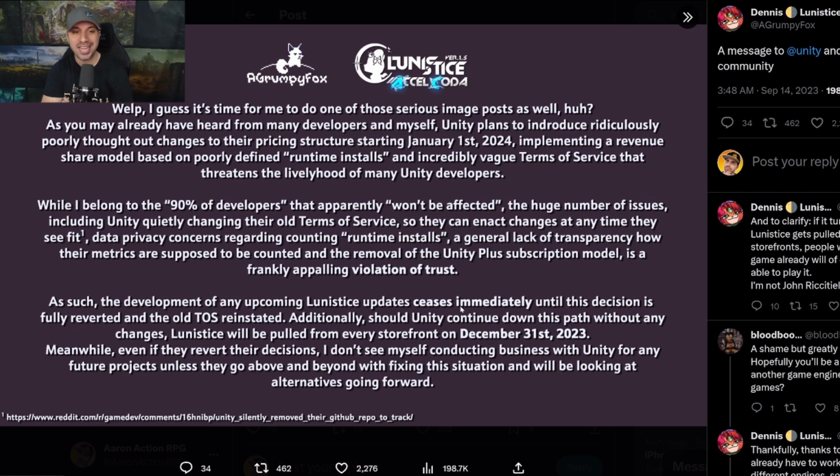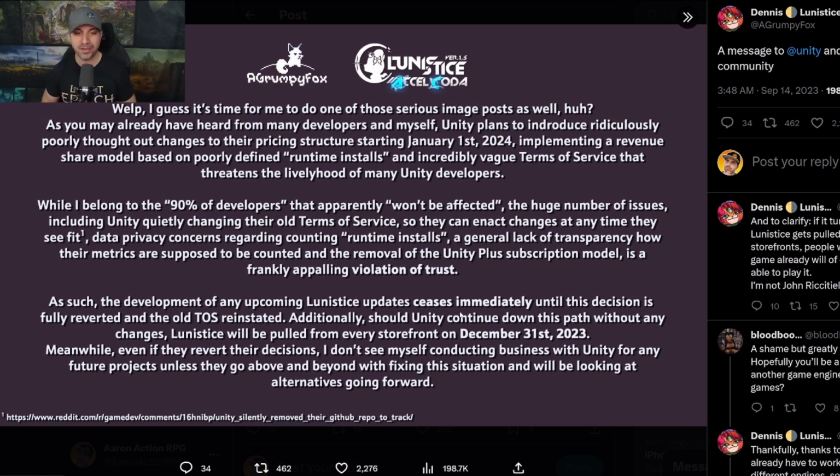While I belong to the 90% of developers that apparently won't be affected, the huge number of issues, including Unity quietly changing their old terms of service so they can enact changes at any time they see fit, data privacy concerns regarding counting runtime installs, a general lack of transparency, and how their metrics are supposed to be counted, and the removal of the Unity Plus subscription model is frankly an appalling violation of trust.